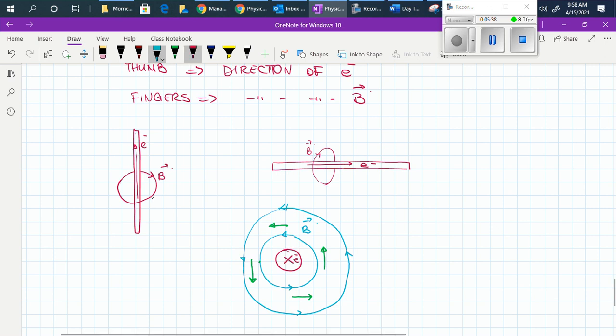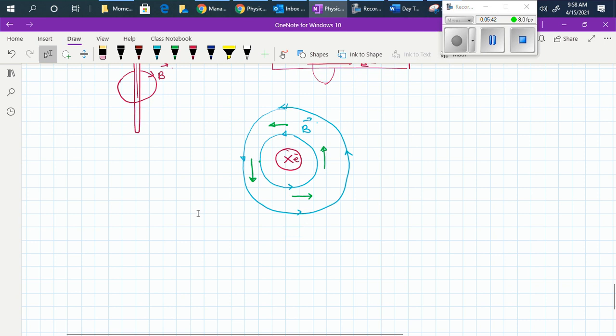Now you may ask, what if the charge is positive? What will happen in this case? I know that I said that I will deal with it at the very end, in terms of the right-hand rule, but let's do it as the rules are explained to you.